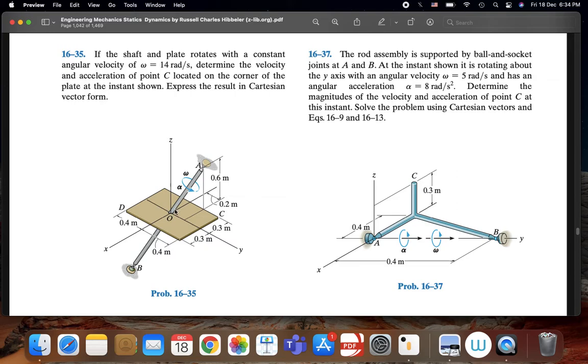As you remember from statics, what we need to do is to find its components on the i, j, and k. So in the i direction, on the x-axis, we have to go backwards a distance of 0.3. So this is minus 0.3 in the i direction, and in the j direction, it's 0.2 positive, and then we have to go up in the z direction, which is 0.6 in the k, right?